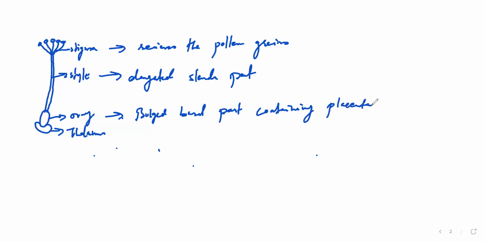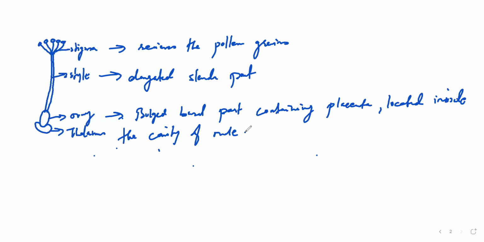This particular placenta is located inside the cavity of the ovary. So these are the parts of what a carpel actually consists of.